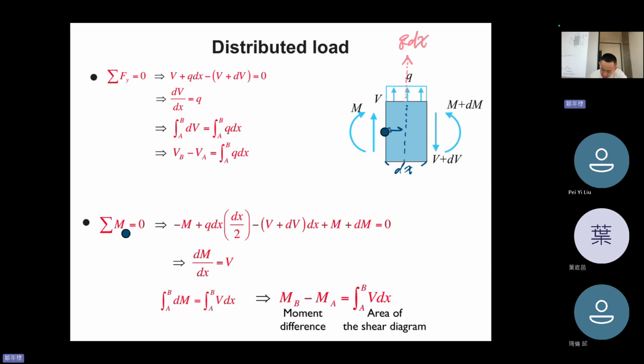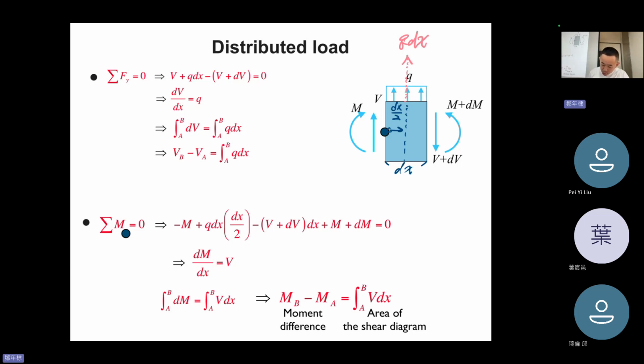And of course, the position of that load, the blue dot, has dx divided by 2 distance.